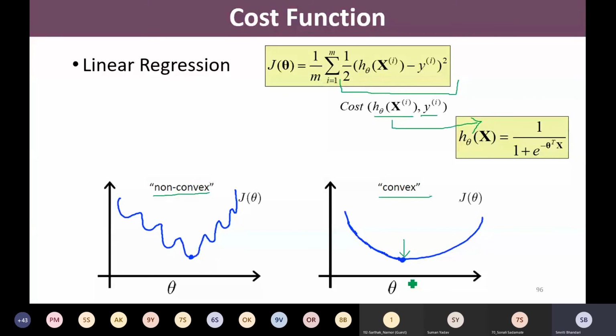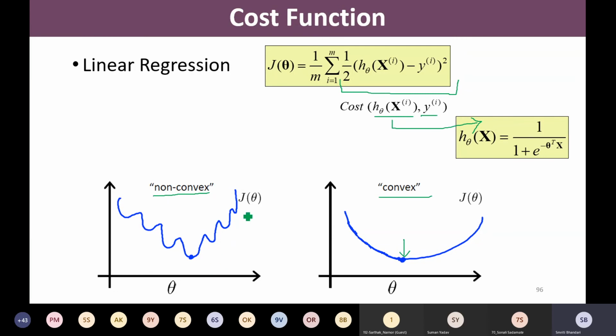But if I apply the similar kind of linear regression cost function to this hypothesis for my logistic regression, then I may have a very non-convex cost function of this nature, right?